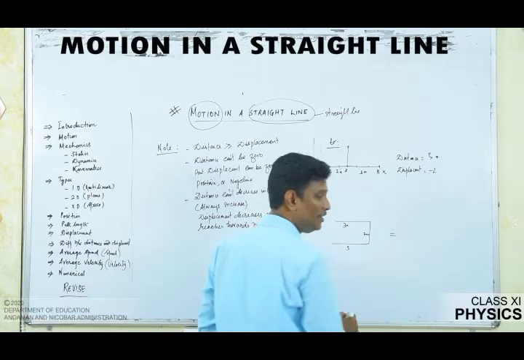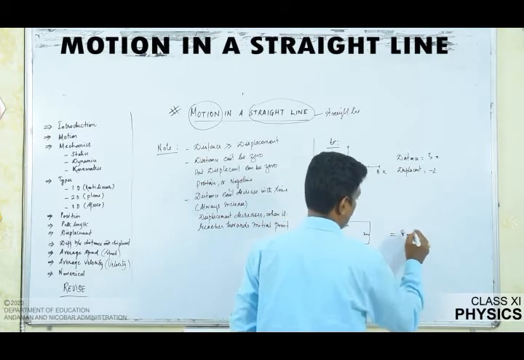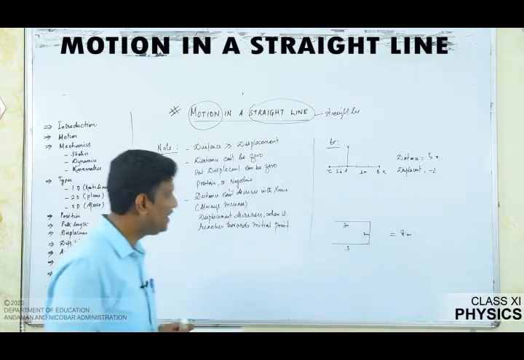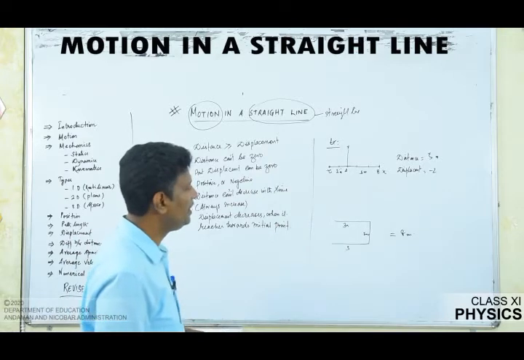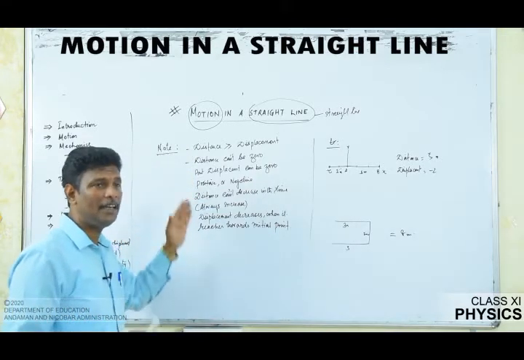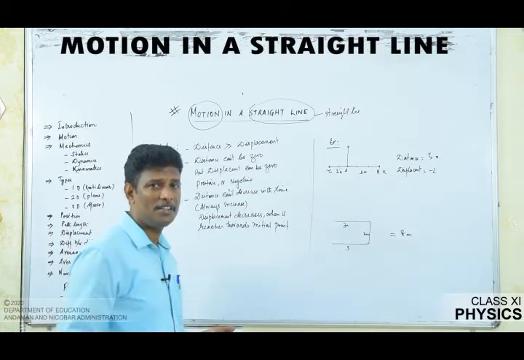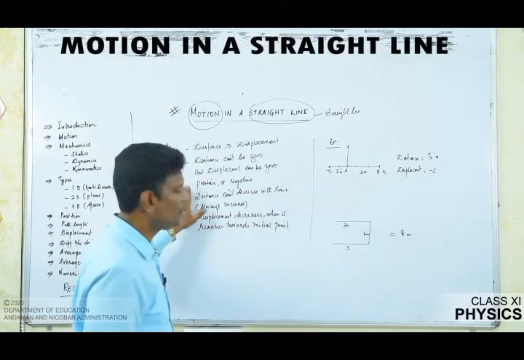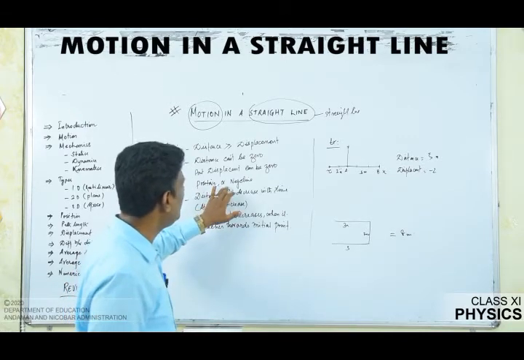The total distance covered is 3 plus 2 plus 3, that is 8 meter. So, it is always added and it cannot be 0, but in the case of displacement it can be 0 when the initial and final point is the same, then the displacement will obviously be 0, and if it is going against the direction it can be negative also.